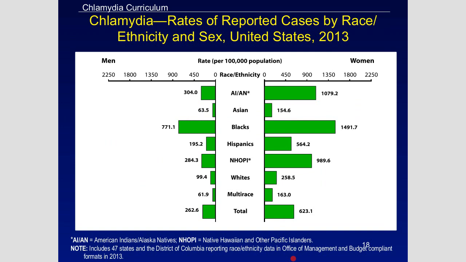And blacks and Hispanics have higher incidence by all standards in terms of infection, especially in women. But also keep in mind there are other socioeconomic issues as well, health disparities, lack of insurance. Things are not as simple as you think.